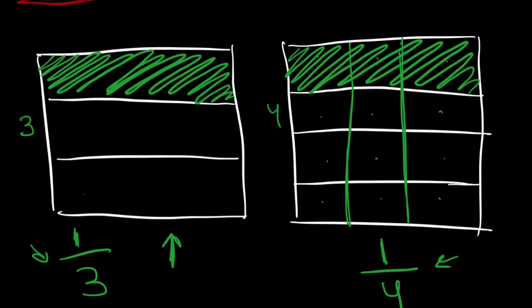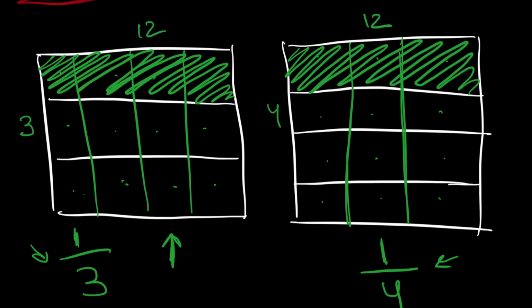And we're going to do the same thing to the first square. So we have 4 rows in the second square, and we're going to make them columns for the first square, like this. And now we have 12 pieces. So this one has 12 pieces now too, and so does this one.